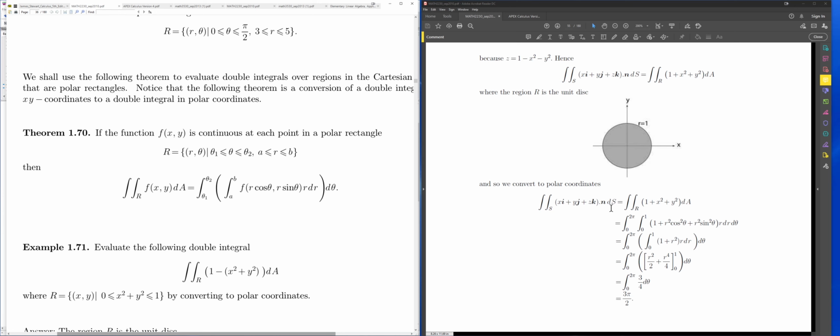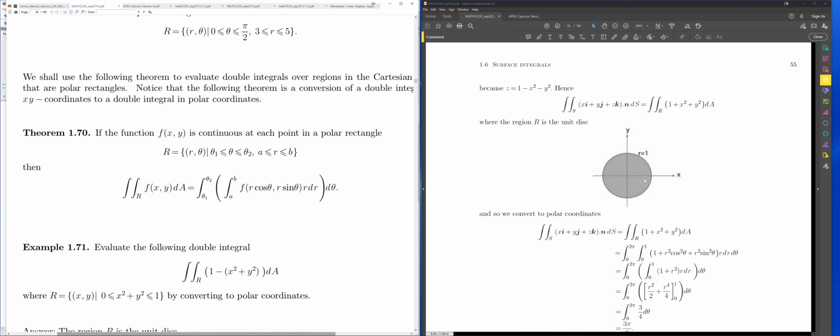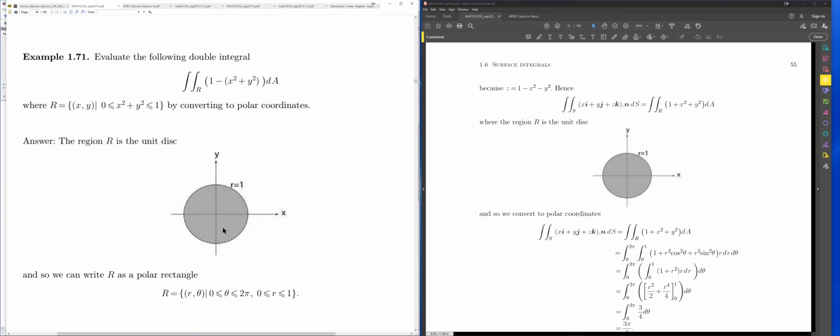Your limits of integration come from describing this disk over here as a polar rectangle. Remember, your description of this disk as a polar rectangle is that theta goes between 0 and 2 pi, and r goes between 0 and 1, right?